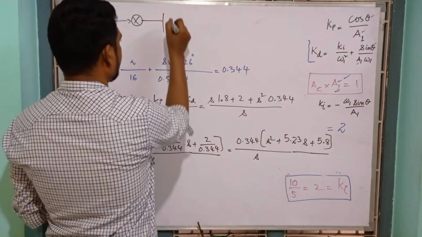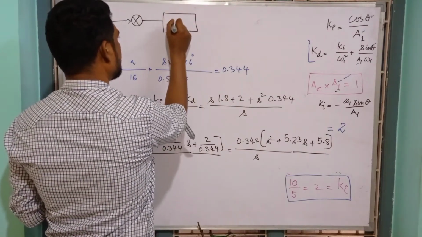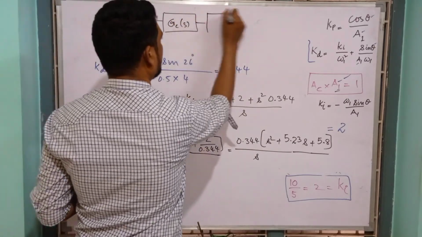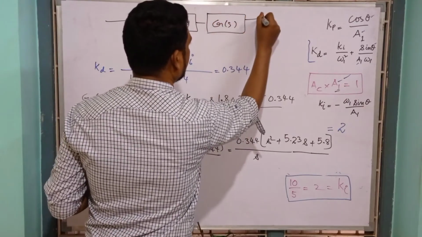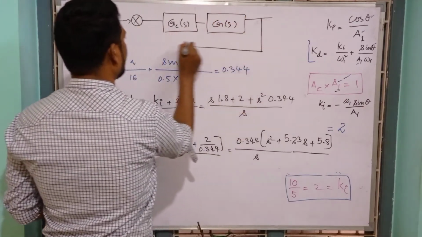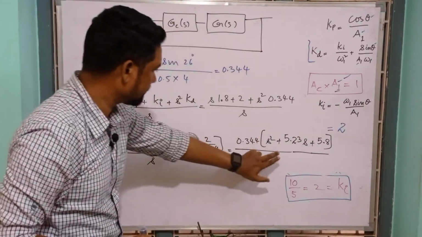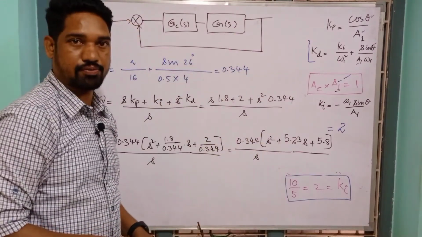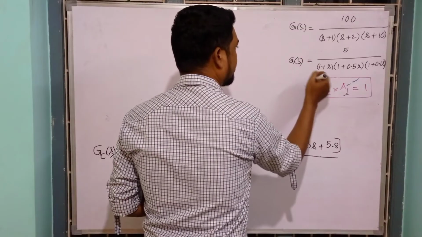After introducing this, we'll have that open loop transfer function G(s) with a unity feedback. Now Gc(s) is this one, and G(s) is the given open loop transfer function. Make a note please.